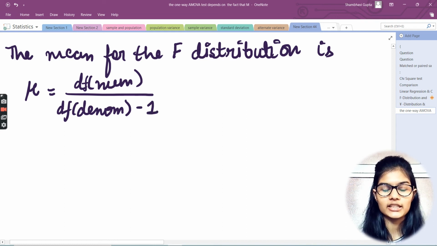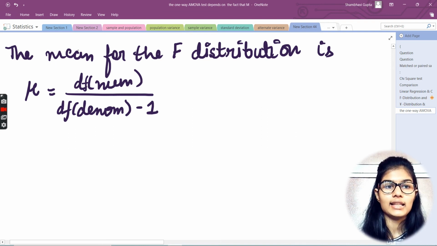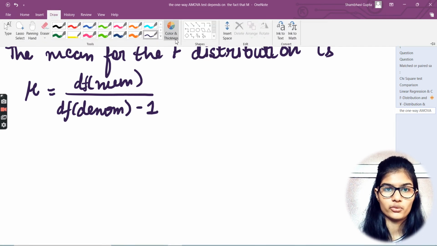So this is the formula for the mean for the F distribution. Again I would repeat it: mu is equal to degree of freedom numerator divided by degree of freedom denominator minus 1.